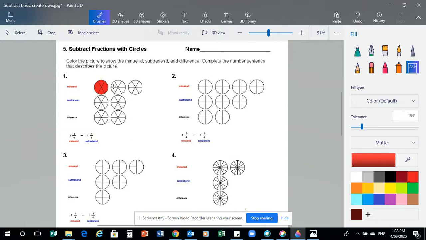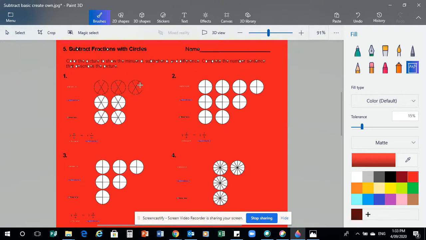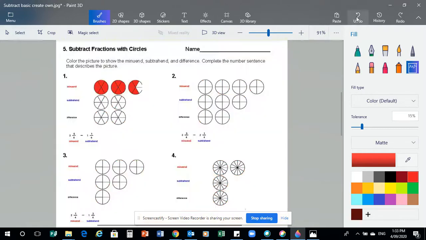I need 2 holes. So here's my second hole. And then I need 5/6. So I've got my 1, 2, 3, 4. And as I said, there will be an issue when I do the 5th one. So I'm not going to do it, but I'll show you what will happen. When I do the 5th one, that whole thing will come up. So I'll just click undo. So just don't do the 5th one.